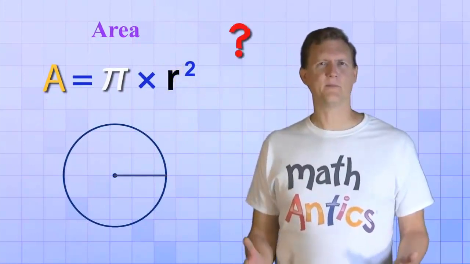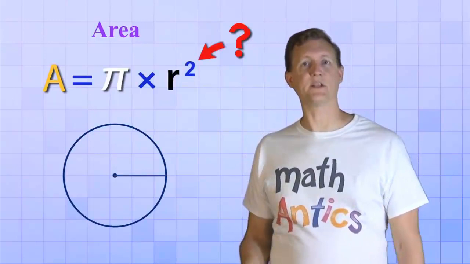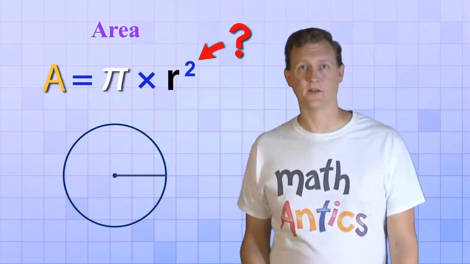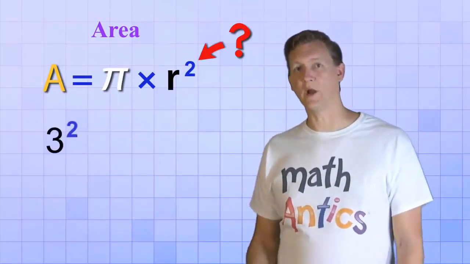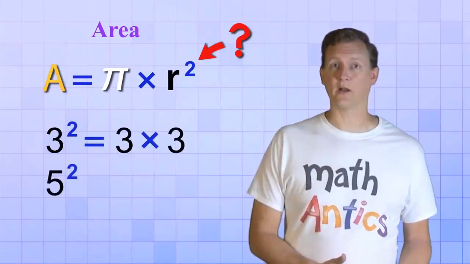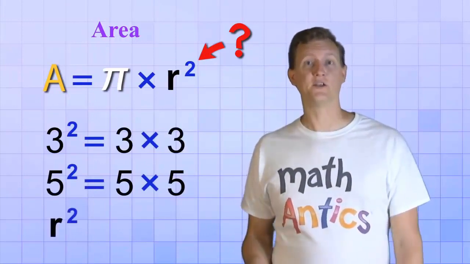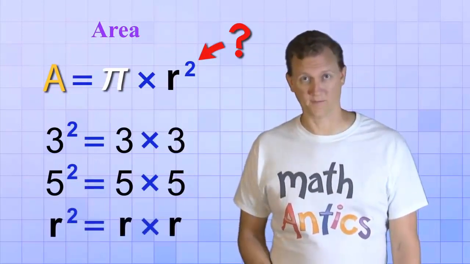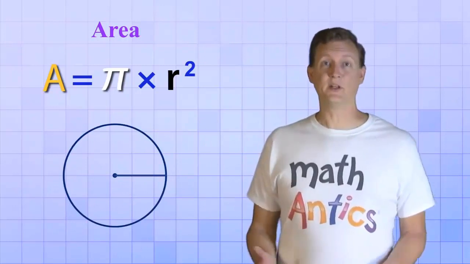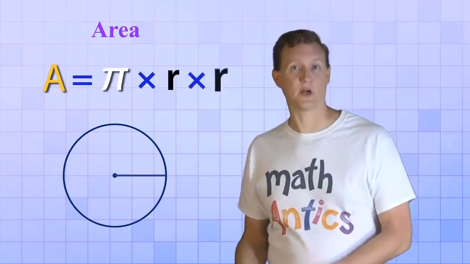Okay, but what does it mean to square the radius? Well, squaring a number just means multiplying it by itself. For example, 3 squared just means 3 times 3. And 5 squared just means 5 times 5. And r squared just means r times r. So our formula is really just area equals pi times r times r.